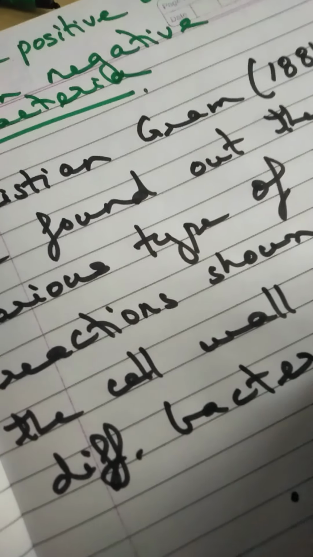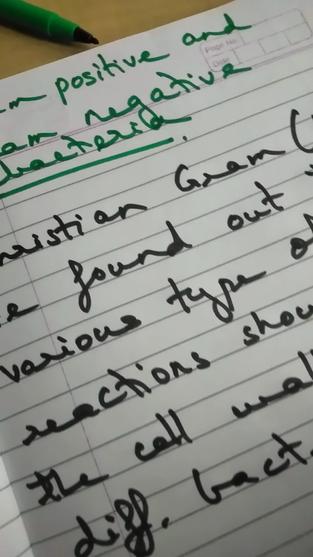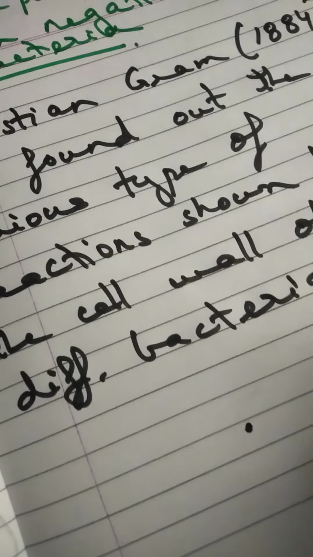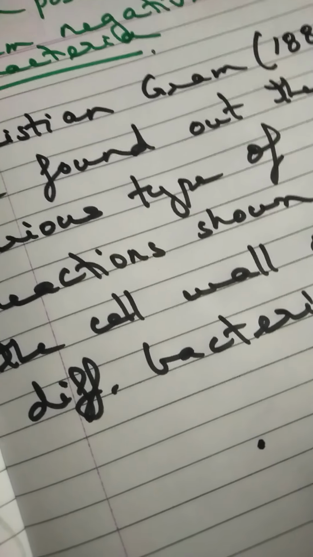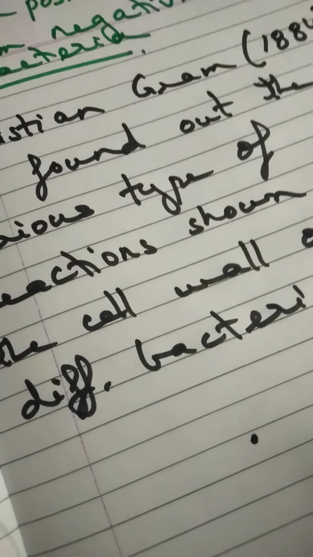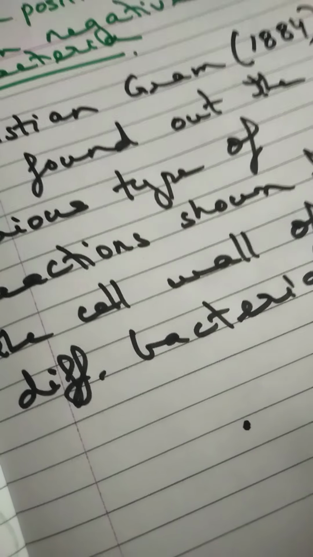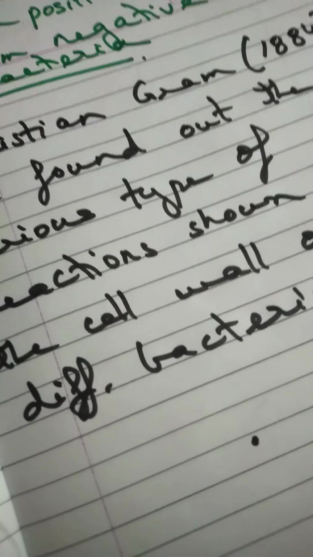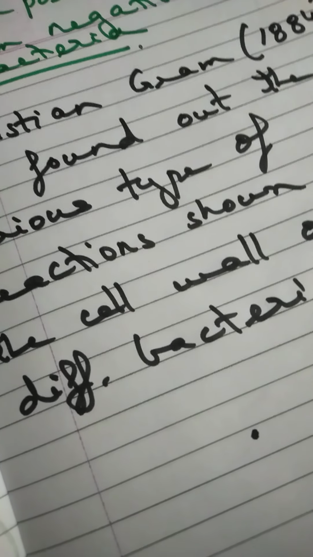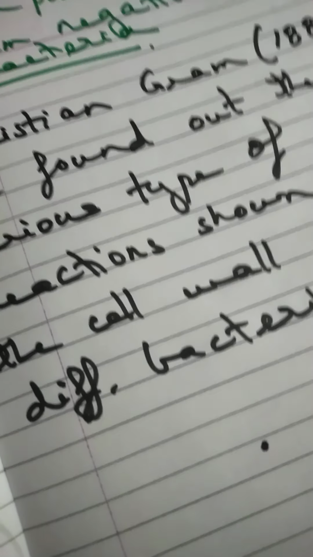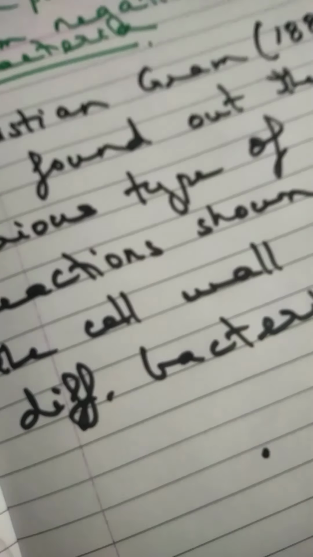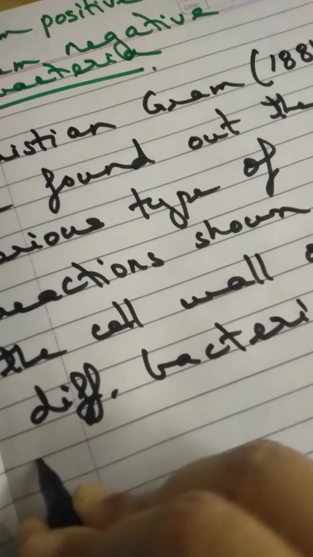Okay, now what did he find? He found that there were some bacteria which took up the gram stain and retained the purple color. They were called gram-positive bacteria. So the difference between gram-positive and gram-negative bacteria is based on the differences in their cell wall and their response to the staining procedure developed by Gram.